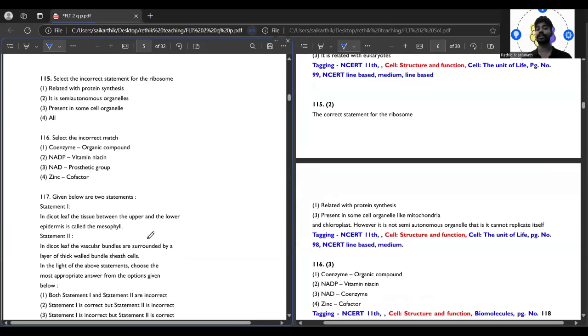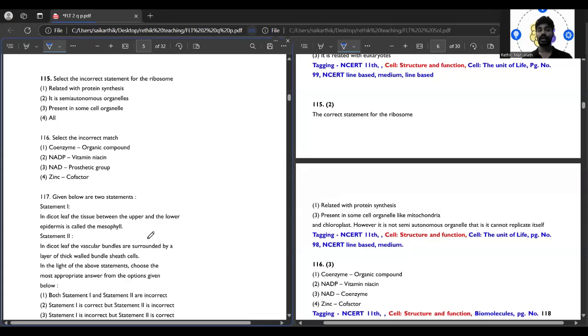Next question, 115. We need to select the incorrect statement about the ribosome. So what is the incorrect statement here? First, let us go with the correct statements. A correct statement could be that it is related with protein synthesis. Yes, the ribosome does protein synthesis, correct?